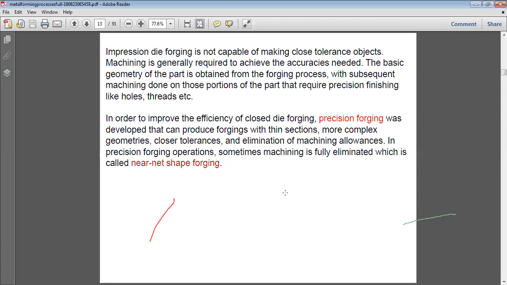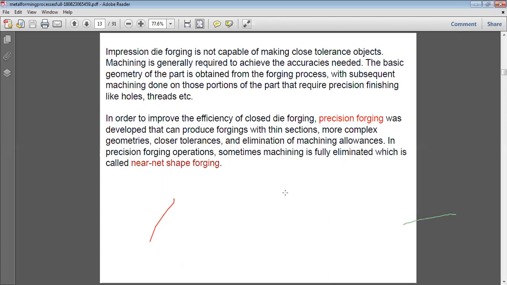Then there is a series of subsequent machining operations on those portions that require finishing. If there are holes present, they will require finishing, and if threads are to be imparted, then we have to cut the threads on this part.